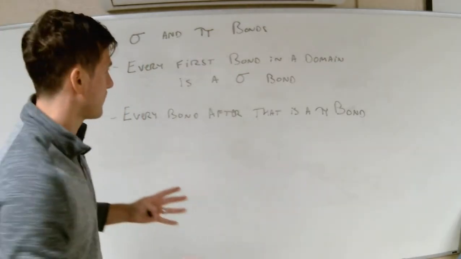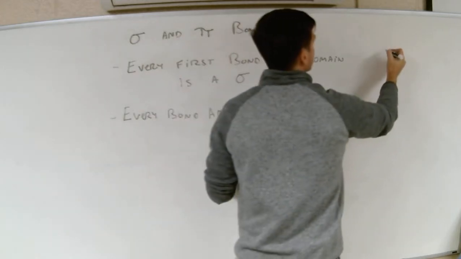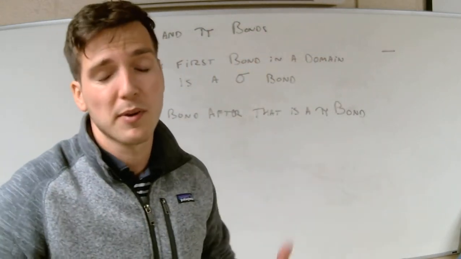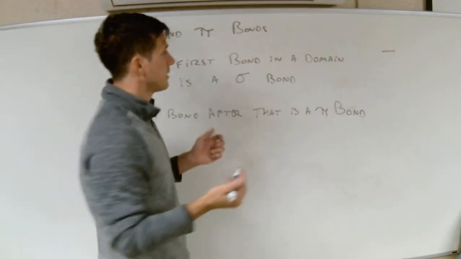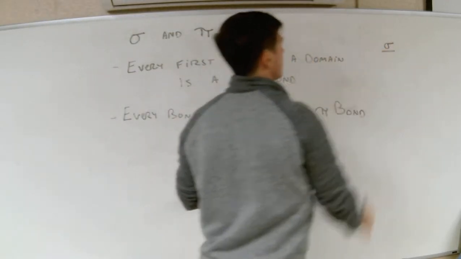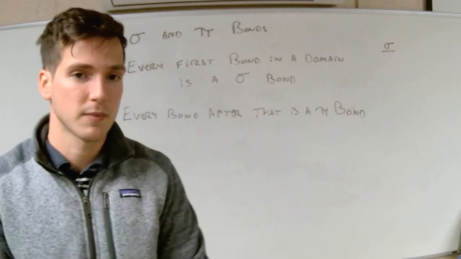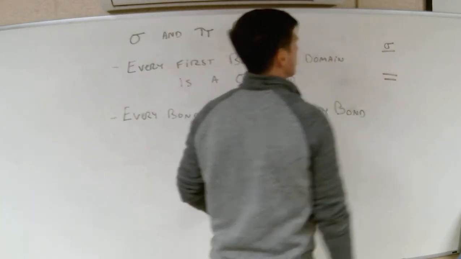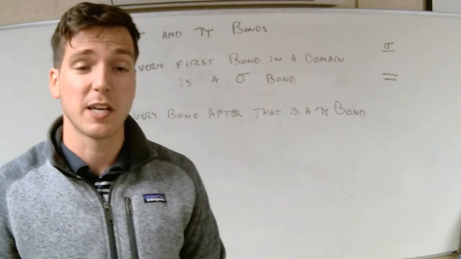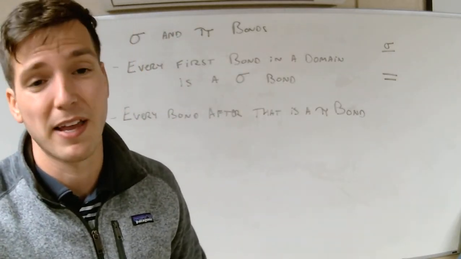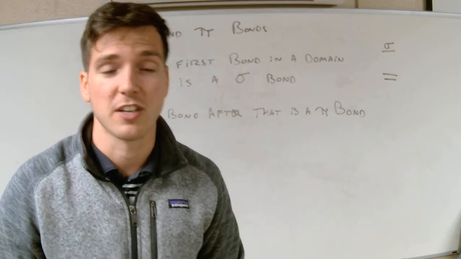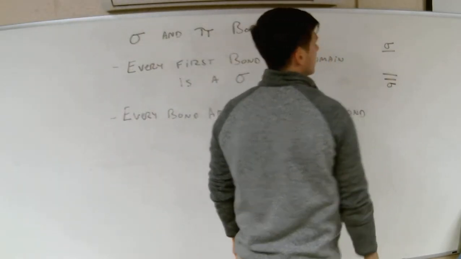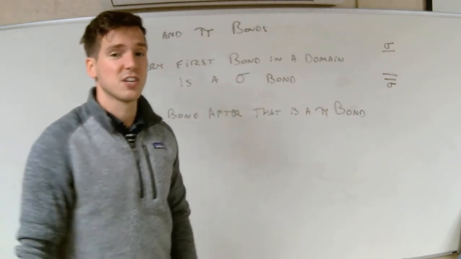So let's talk about that. If I look at a single bond, okay, remember any first bond is a sigma. So that single bond just has a sigma bond in it. If I look at a double bond, the first bond could be the top one or the bottom one. It doesn't matter because we don't really know which one came first. As long as we designate one of them as sigma, every bond after that is going to be a pi.